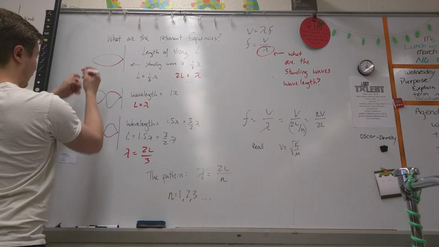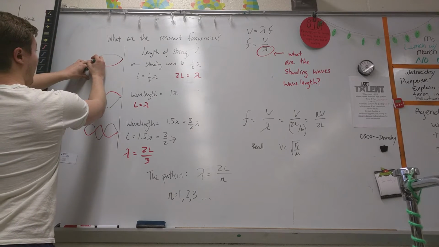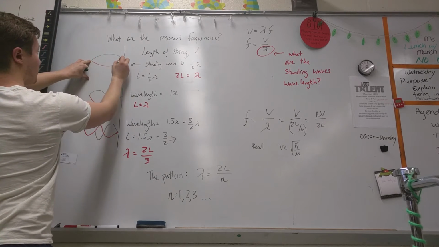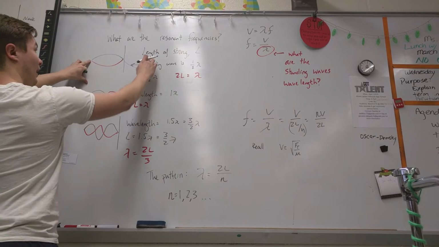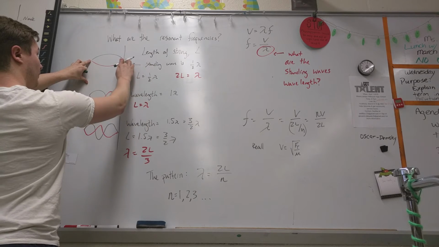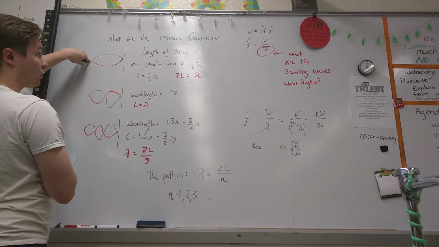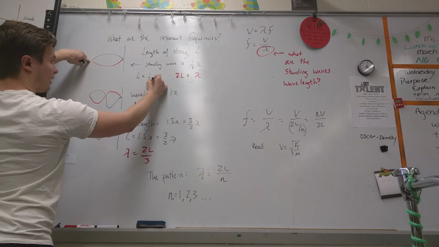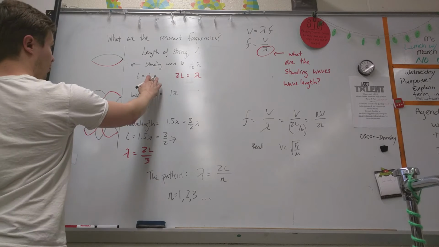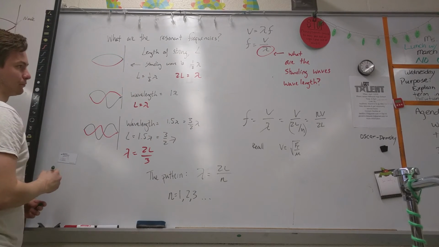A full wavelength, I'm going to use a different color, is getting back to the original position in the wave, so my full wavelength would be something like that. I only see half of that, and that makes up the entire length of the string. So I set those equal to each other, and I want to come up with an expression for the wavelength. So the wavelength of this standing wave is 2L.